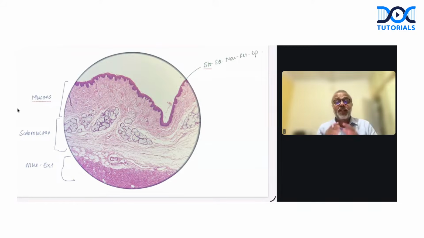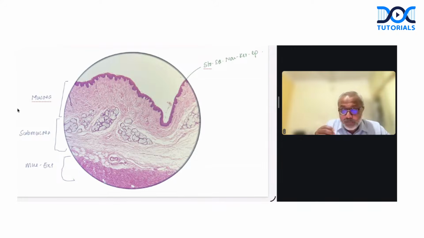Why do we have stratified squamous non-keratinized epithelium? It protects against the wear and tear produced by the food that passes through the esophagus. So this is the lining epithelium, which is stratified squamous non-keratinized, a protective epithelium.